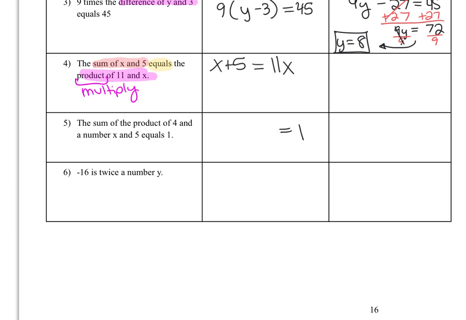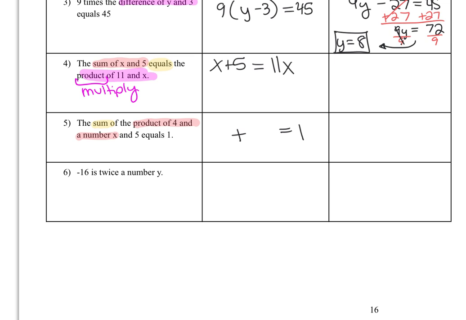All right, so let's read this again. The sum, okay, so what's sum again? Addition. So I know I'm adding 2 things. Of the product of 4, I want a highlighter, not a cross out. There we go. Product of 4 and a number x. Product meant what? Multiplication. So if it's 4 and x, how would I write that? 4x.